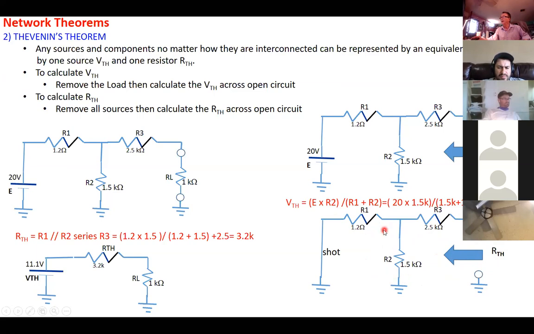Then you can combine R1 and R2, then you add R3. That means you get R Thevenin. R1 parallel R2, and then in series with R3. You calculate, you can get 3.2 kilo ohm.